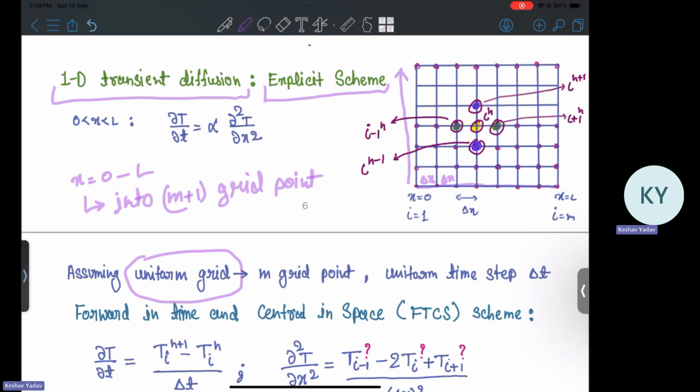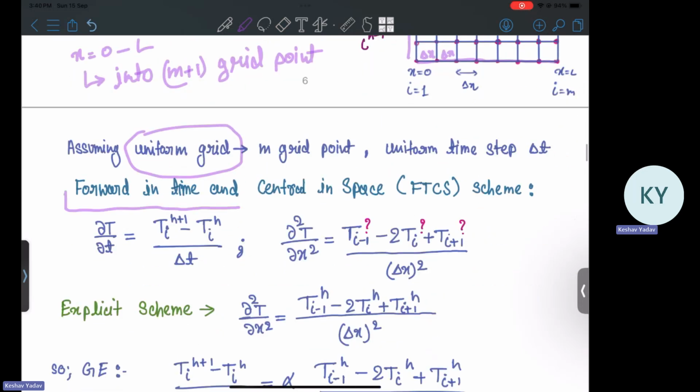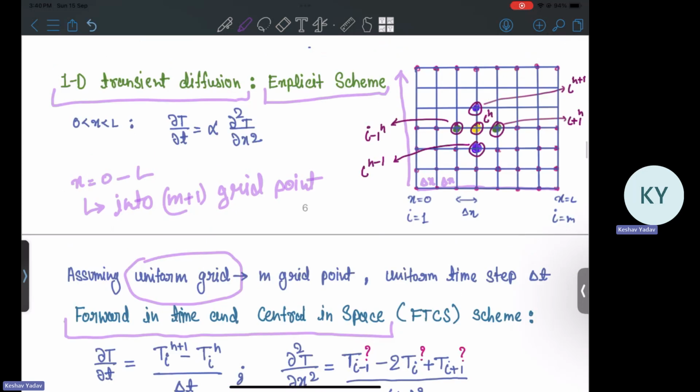So suppose I want to find some value here, at the ith grid point in space at the nth time. Okay. So what we'll use here, we will use the forward in time and central in space scheme to find this. Okay. So how can we use the finite difference method for this equation? We need to convert this differential equation into a difference equation. How can we convert? We will replace del T upon del t and del 2T upon del x square using the finite difference formula.